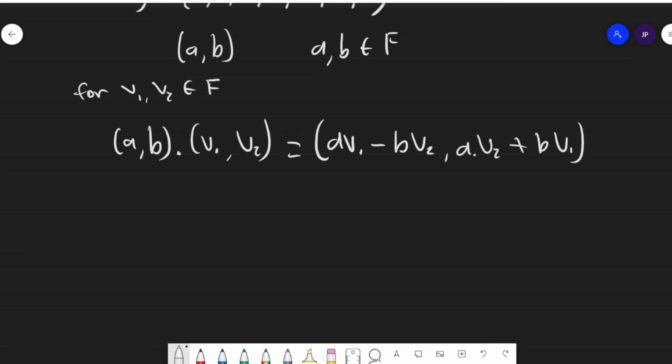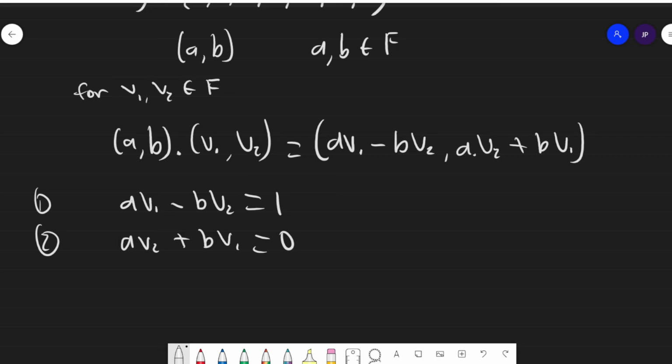And then basically what needs to happen is AV1 minus BV2 must be equal to 1, and AV2 plus BV1 must be equal to 0. So now I have two equations which I can solve simultaneously.